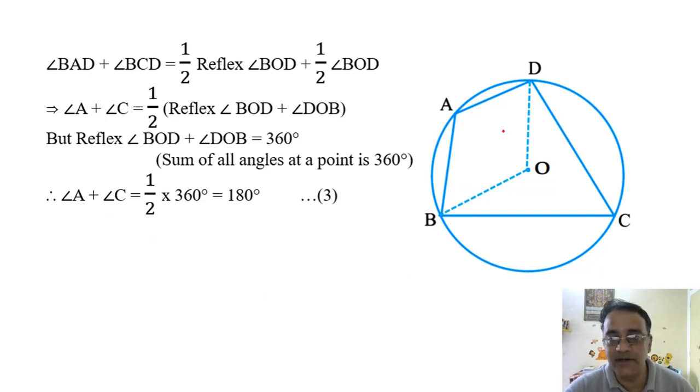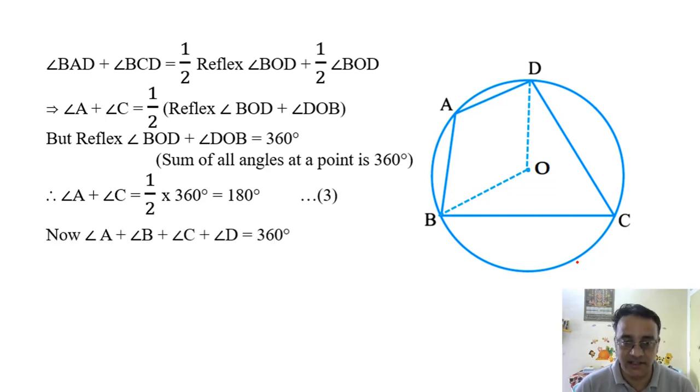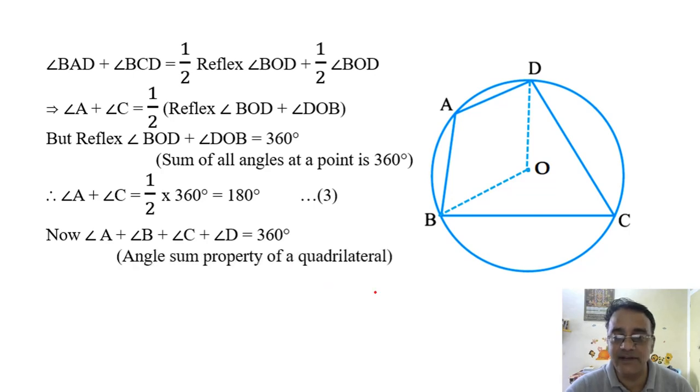Now for the second part, what is the sum of all the interior angles of a quadrilateral? 360 degrees. Right, 360 degrees. Reason क्या लिखेंगे यहाँ पर? What do we have to write? Angle sum property of a quadrilateral. Right, very good. Angle sum property of a quadrilateral. Now here we already got angle A plus angle C is equal to 180 degrees.